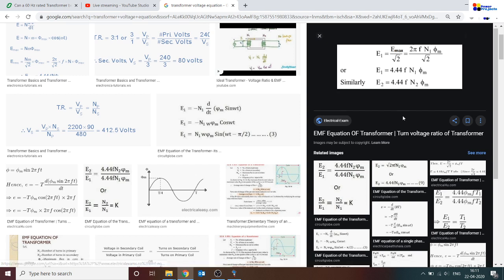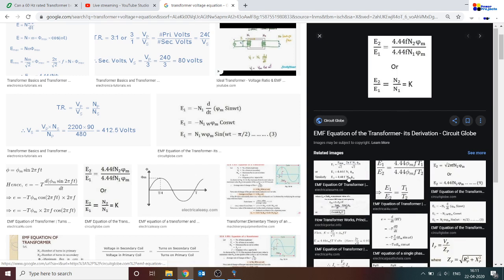So the equation, V by F or E by F, is proportional to phi. If you operate the transformer designed at 60 hertz at 50 hertz, then the flux will be higher. That's basically the overfluxing relay. In all equipment we need to maintain V by F constant.